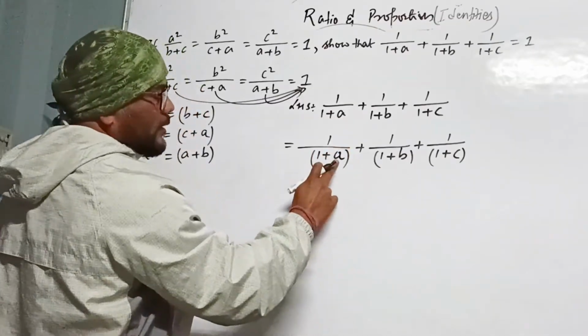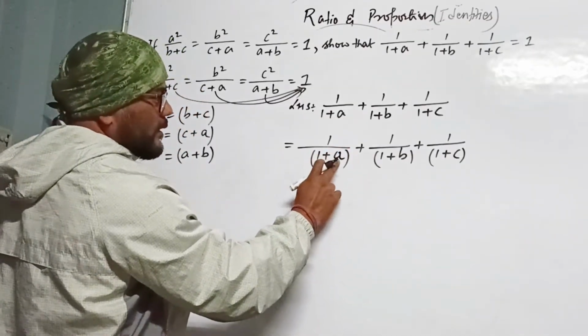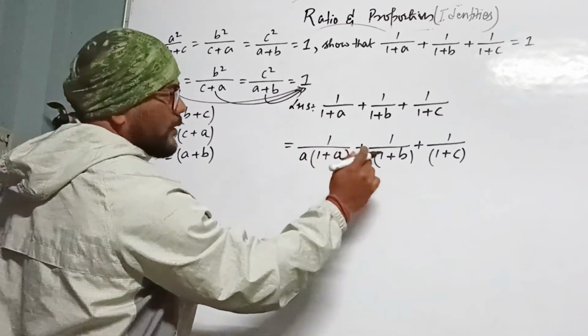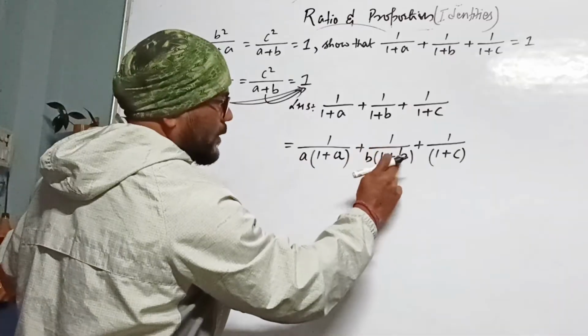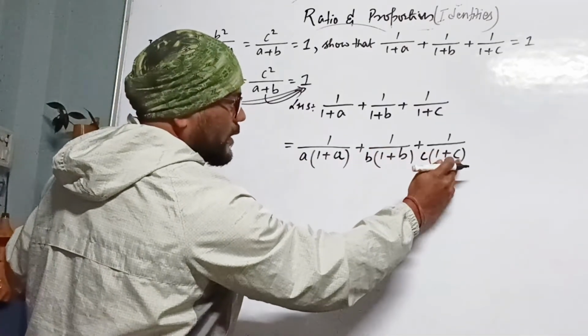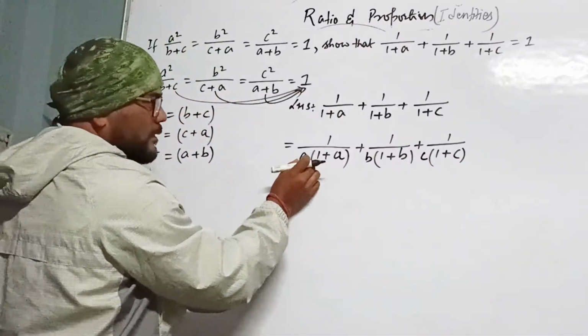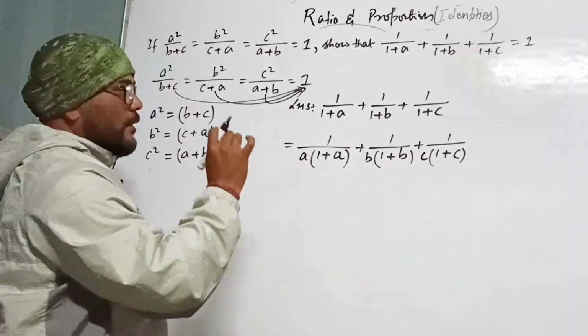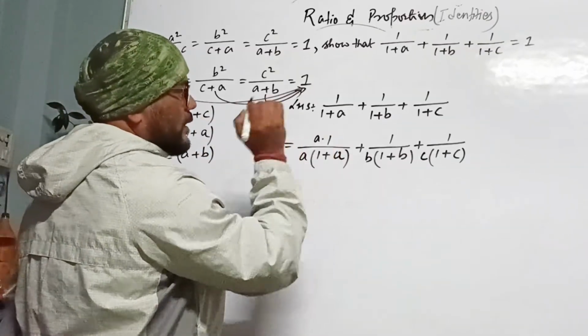The question has given you a. If you multiply this a with a, it becomes a square. In a similar manner, if you multiply this b with b, it becomes b square, and this c with c. So you have to make a place to cancel it.